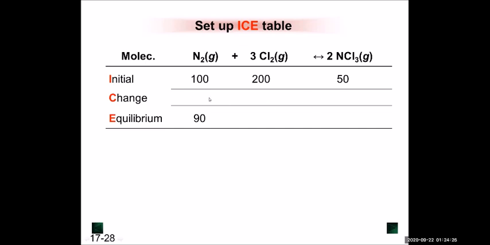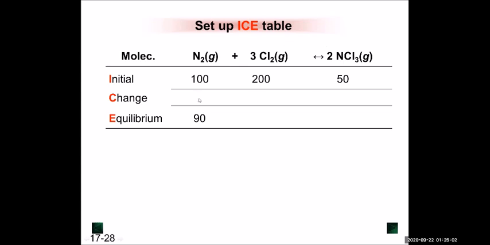So if 10 molecules reacted, based on the balanced equation, every one N2 molecule reacts with 3 chlorine molecules. So now you have 10 N2 molecules reacted, and there should be 30 Cl2 molecules reacted. And also, every 1 N2 reacted with 3 Cl2 produces 2 NCl3 molecules.